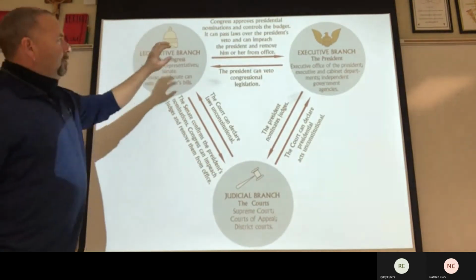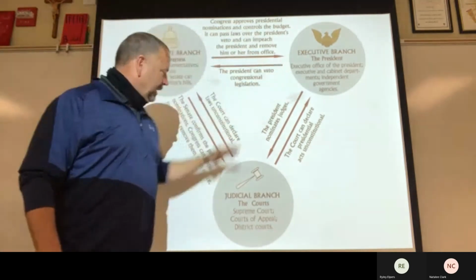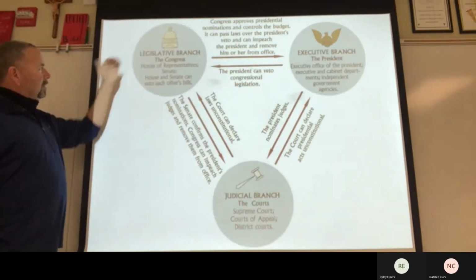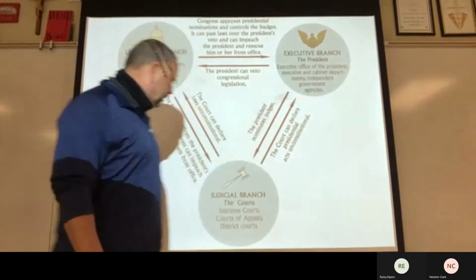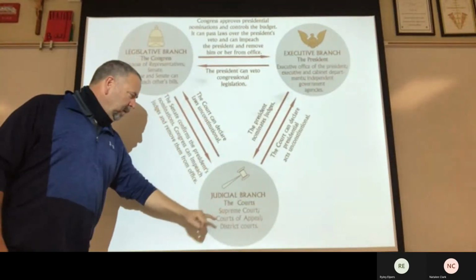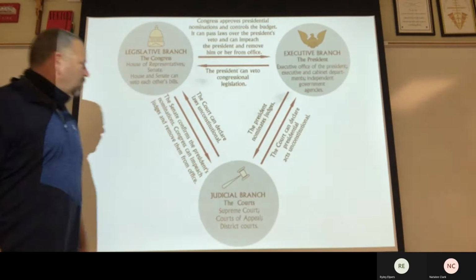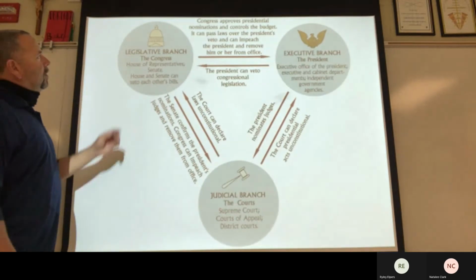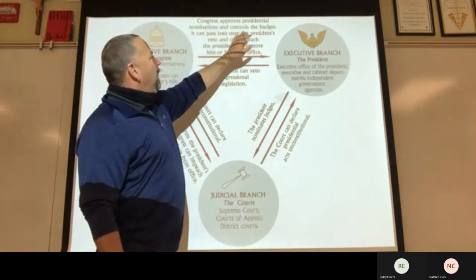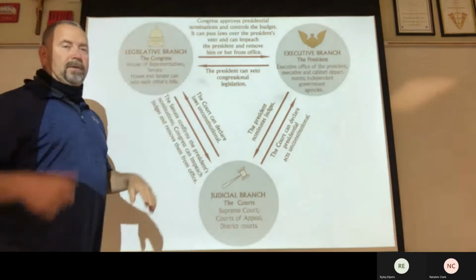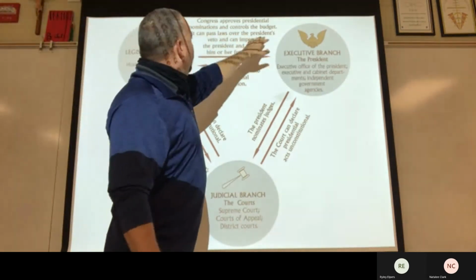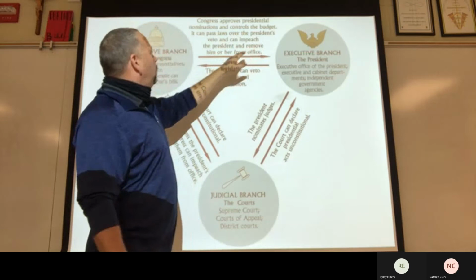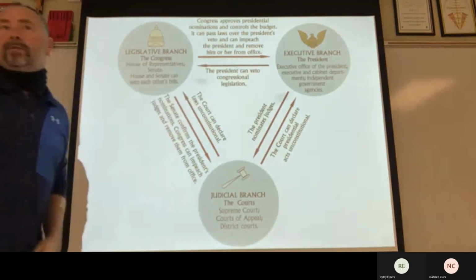But it just gives you the three branches and what's inside of them, okay? So you get the House and the Senate, you got the cabinet, government agencies, court, Supreme Court, appeals courts, district courts, okay? So Congress approves presidential nominations and controls the budget. Well, the Senate does, okay? It can pass laws over the president's veto, can impeach the president and remove him or her from office.